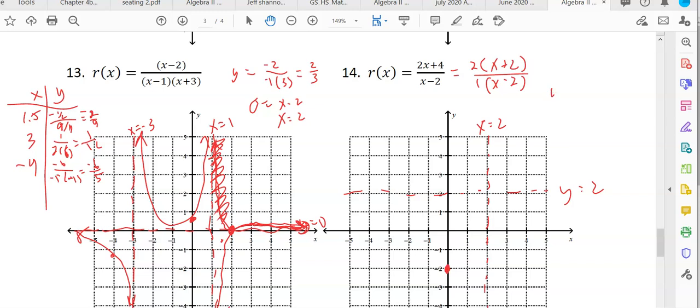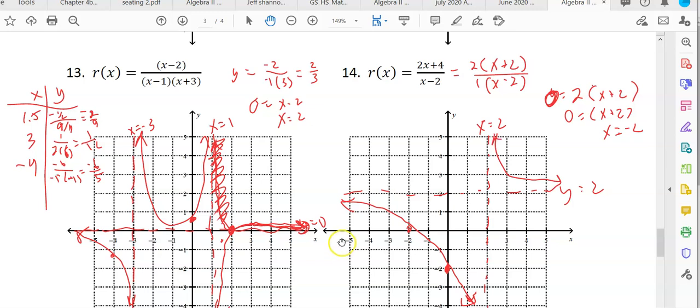X-intercept is going to be 0 equals 2 times x plus 2. So we get 0 equals x plus 2, or we could have just solved that right there. X equals -2. The y-intercept is -2, so I know this graph looks like this, bottom left. And then it doesn't cross the x-axis, so it's got to be top right.